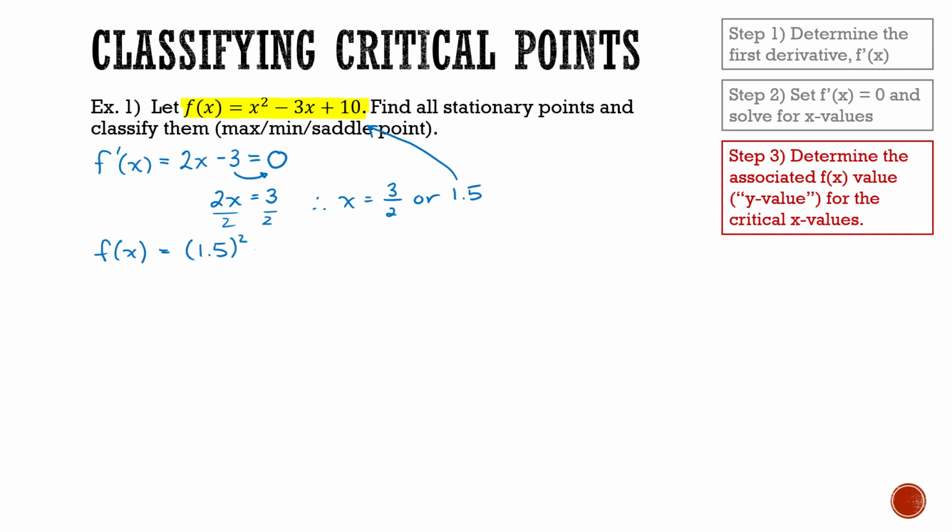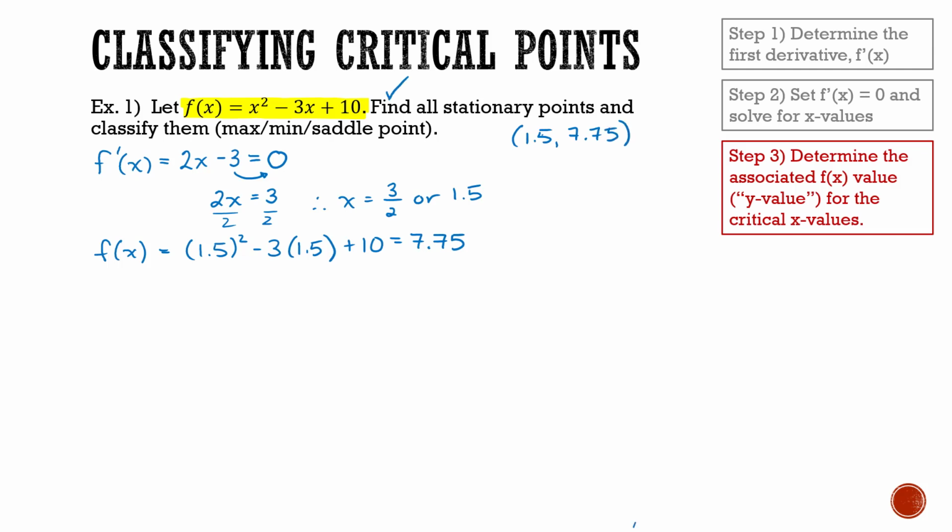So I'm going to square that, minus 3 times my critical x value of 1.5 plus 10. And that is going to give me 7.75. So now I have located the exact coordinate for my critical point. It is at 1.5, 7.75. That is my critical point.